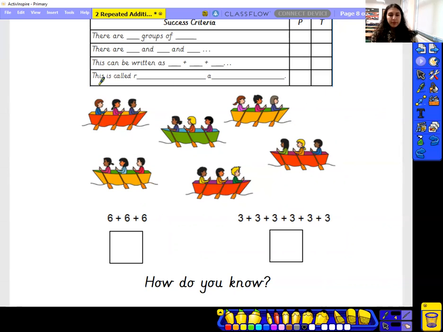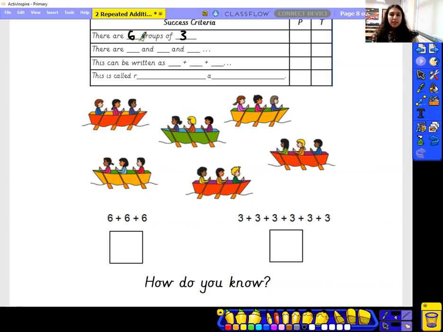Lovely. So let's have a look then. What do I have following my success criteria? There are groups of. So how many groups do I have? I've got 1, 2, 3, 4, 5, 6. That's right, I've got 6 groups. And how many children do I have in each group? That's right, there are 3 children in each group.